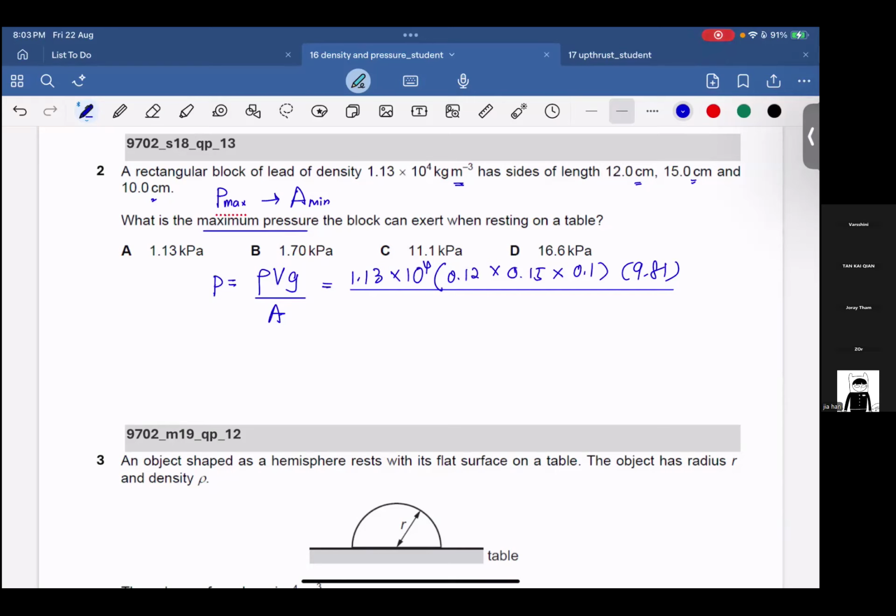So the minimum area here, we choose 10 cm and 12 cm, this surface. So 0.1 times 0.12. Your answer here should be 16.6 kilopascal. Kilo means times 10 power of 3. So this question should be answered D. Question number 2 should be D.